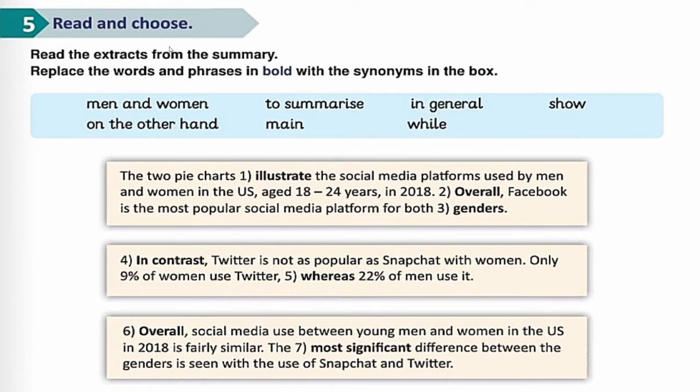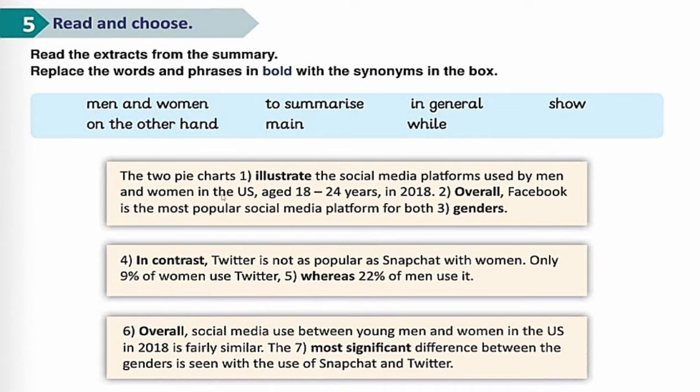Read and choose. Read the extracts from the summary. Replace the words and phrases in bold with the synonyms in the box. We have men and women, to summarize, in general, show, on the other hand, main, while.